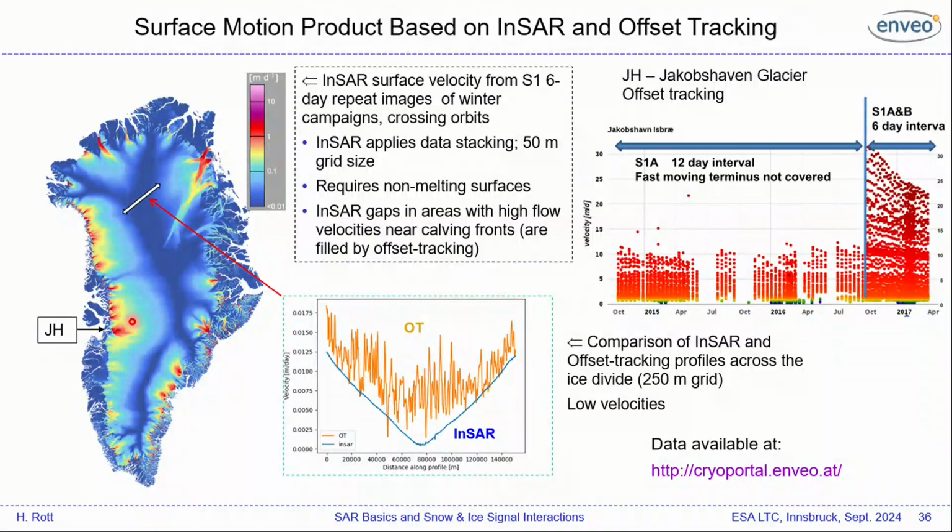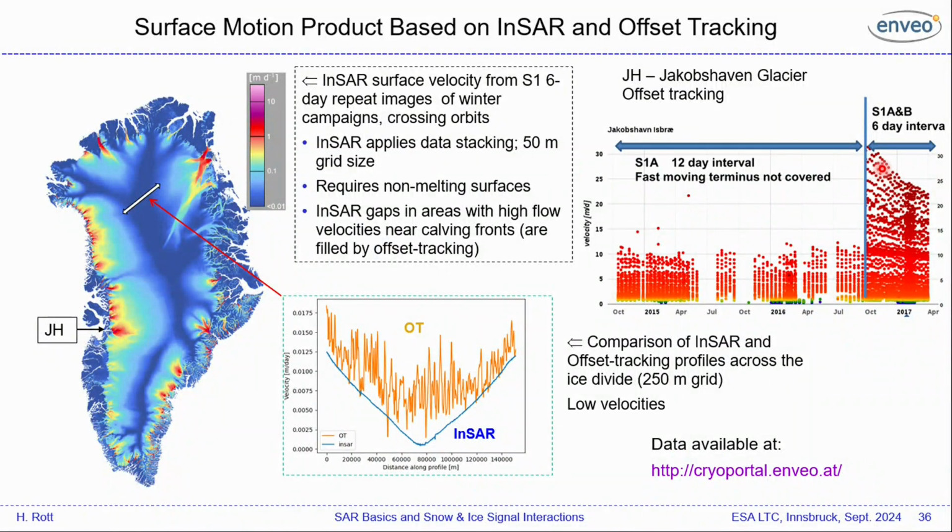But the other problem is when we go to fast-flowing glaciers like Jakobshavn Glacier here, then we definitely need to go to offset tracking. By the way, with 12 days, we already run into a problem during some periods.